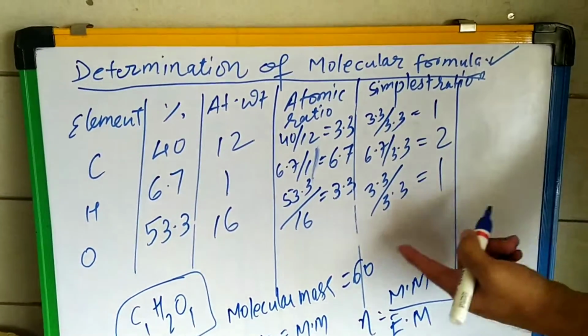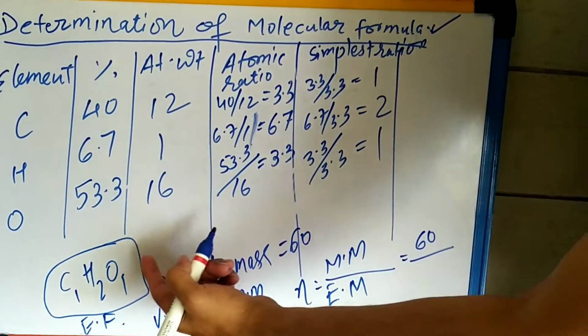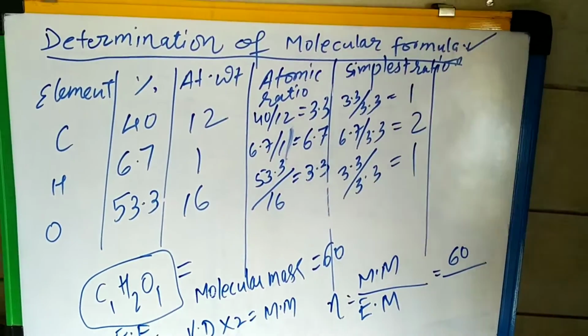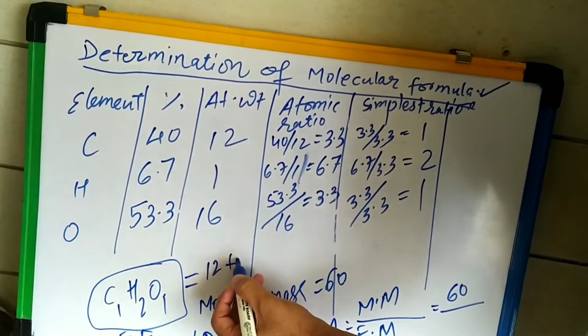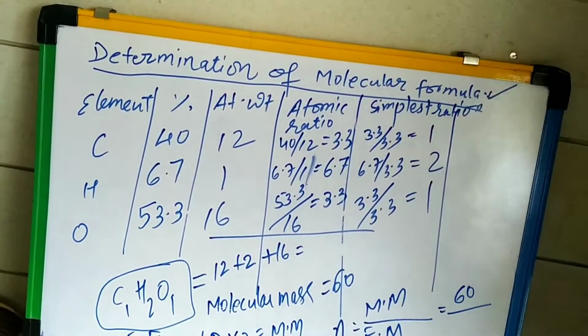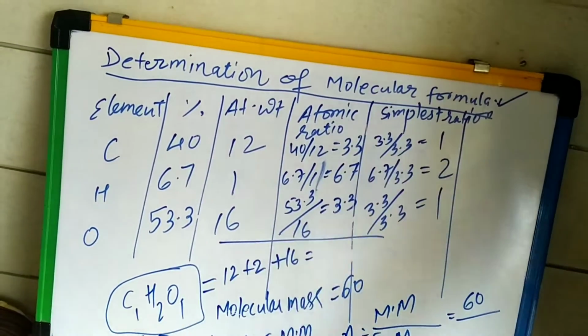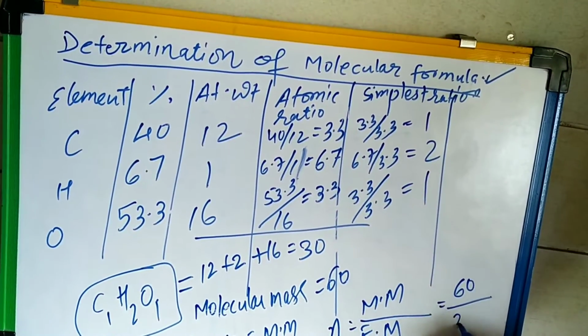Now molecular mass in our question is given, that is 60, and empirical mass we have to calculate from our empirical formula. Here carbon is 1, so 12 plus hydrogen 2 atoms, so 2, and 16. It comes to be how much? 12 plus 2, 14 and 16, 30. So our empirical mass is 30.